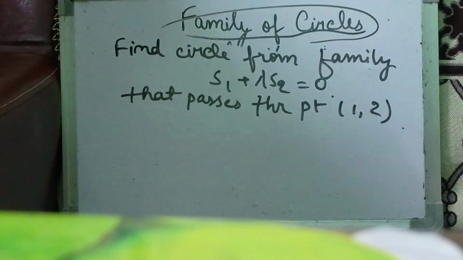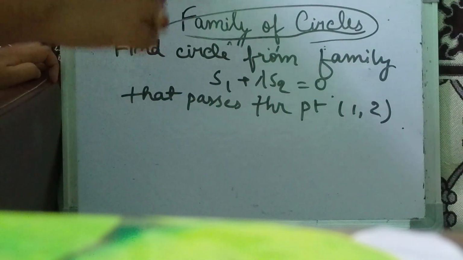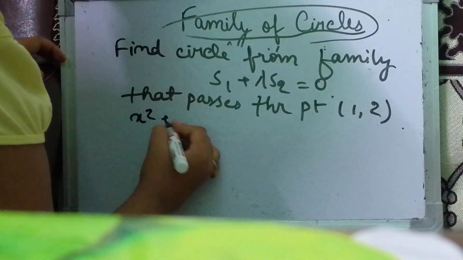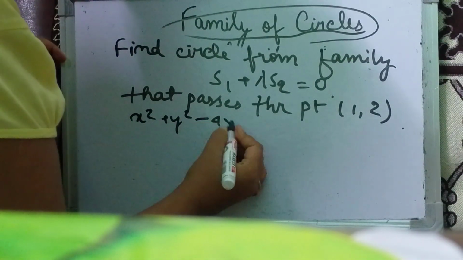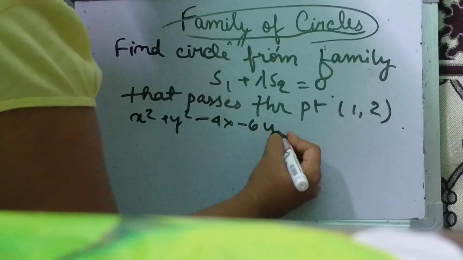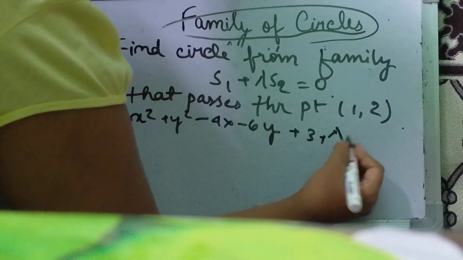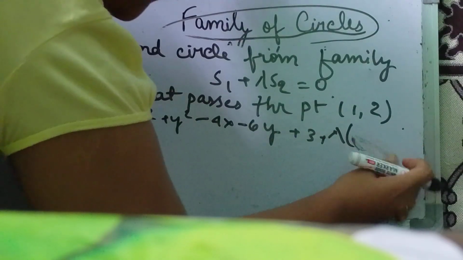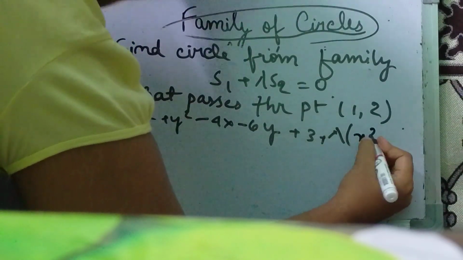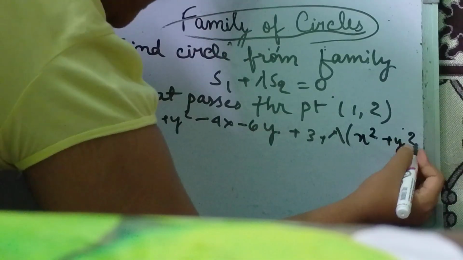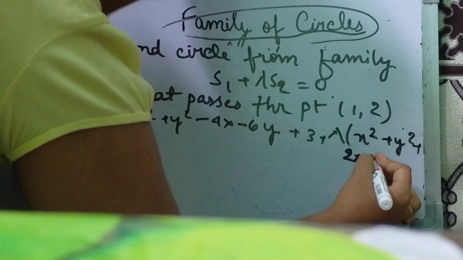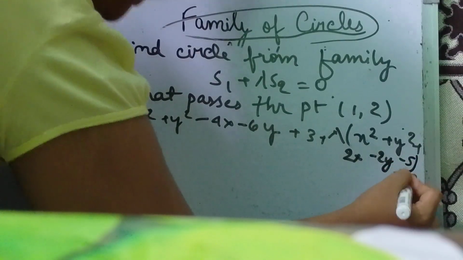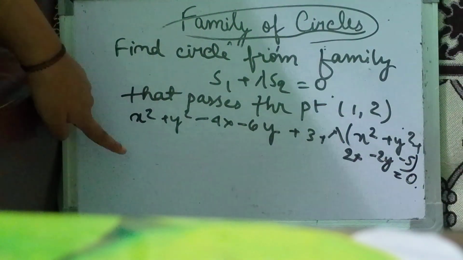So earlier, in the last example, we had found the equation to be x square plus y square minus 4x minus 6y plus 3 plus lambda times x square plus y square plus 2x minus 2y minus 5 equals 0. So this was the equation from the last example.